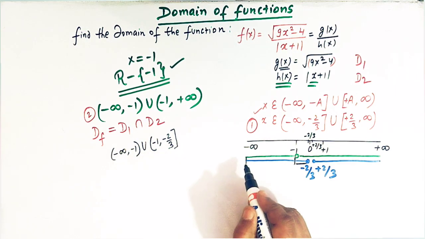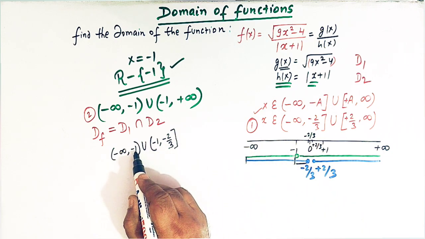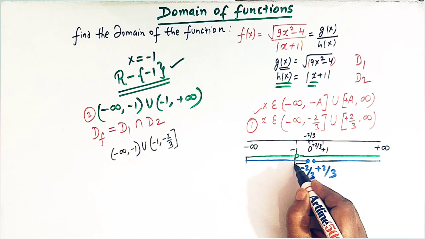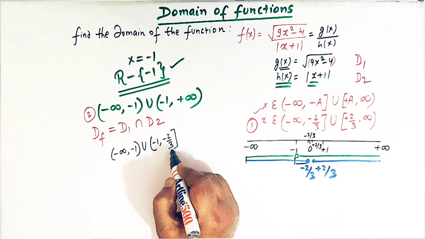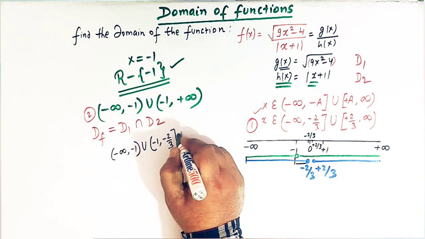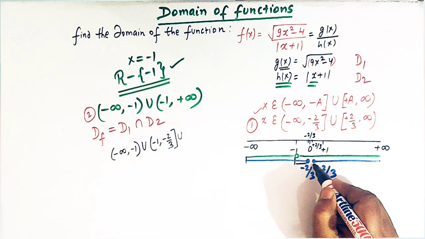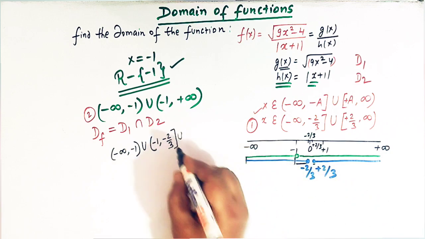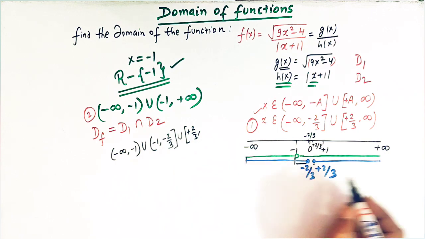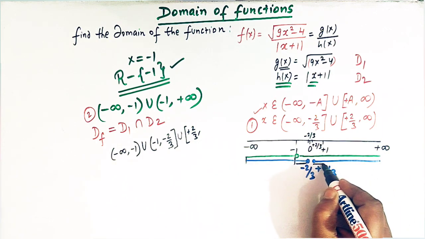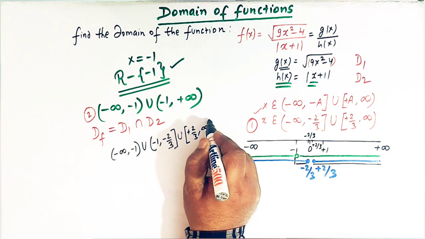So the first region is from minus infinity to minus 1, excluding minus 1, and then from minus 1 to minus 2 by 3, including minus 2 by 3, and then the last region is from 2 by 3, that is plus 2 by 3, including plus 2 by 3 to infinity.